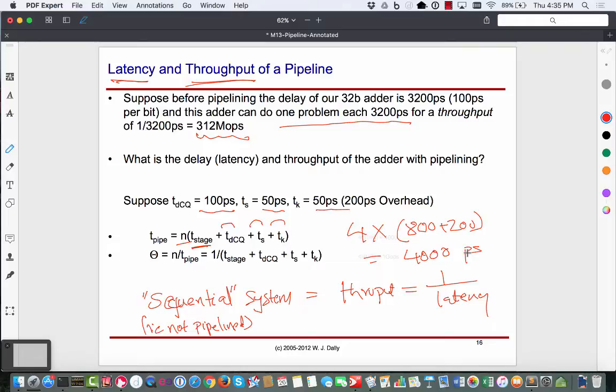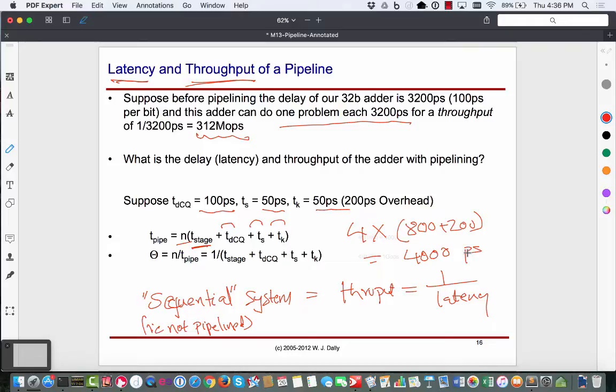And the throughput would now be 1 over 4000, because at every clock tick I'm able to afford one additional pair of inputs. So my throughput will not be quite 4 times; it would be smaller, but nevertheless a big improvement.